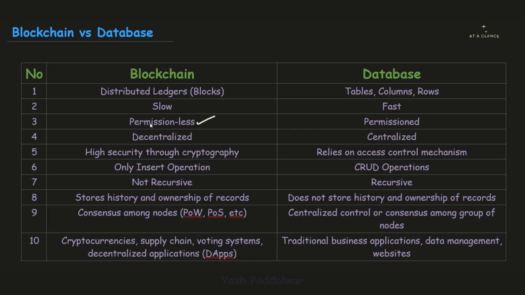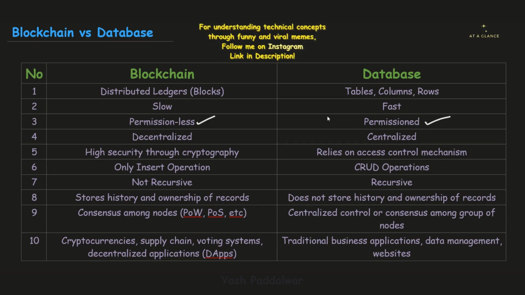That is why it is termed as permissionless, whereas in a database it is permissioned. Everyone will not have all the access, all the rights to access the database. There will be some specialized users who only will be having certain access for viewing or altering the data. So this is one major difference between blockchain and database.